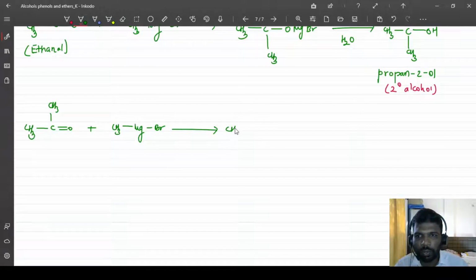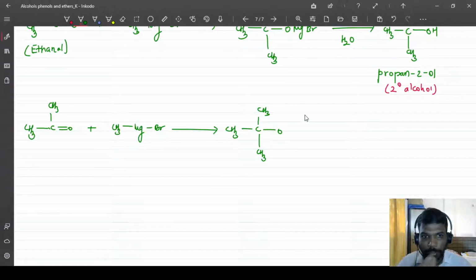Now I am attacking with this methyl, or I could take an ethyl group also, not an issue. Let us keep it methyl only. Here I am attacking a methyl, and this is OMgBr. This methyl is from the Grignard reagent.